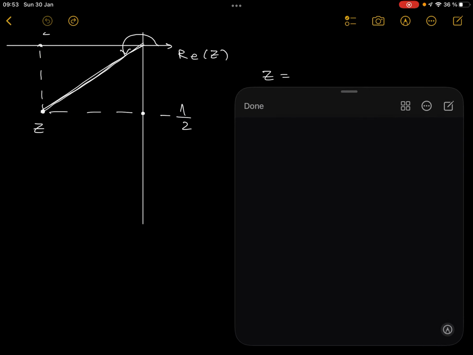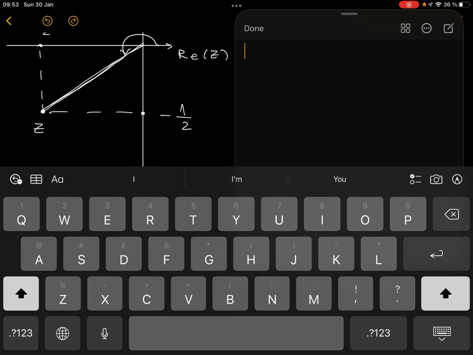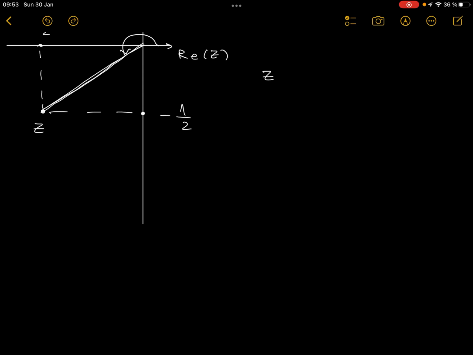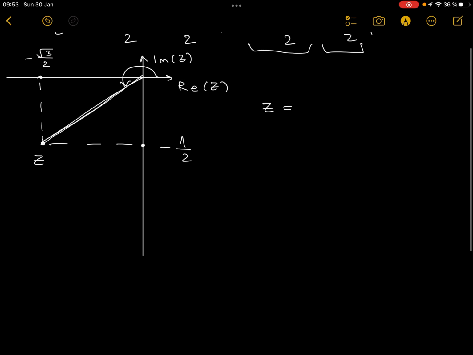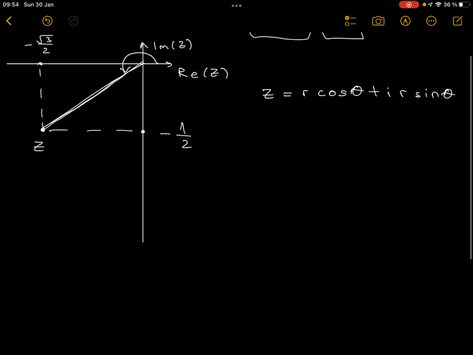Well, it's simply the form z is equal to r cosine theta plus i times r times sine theta. And from here, we get that this is r, this is the real part, and this is the imaginary part.